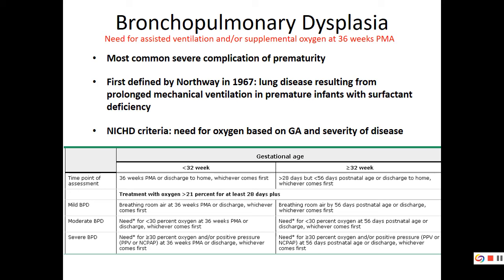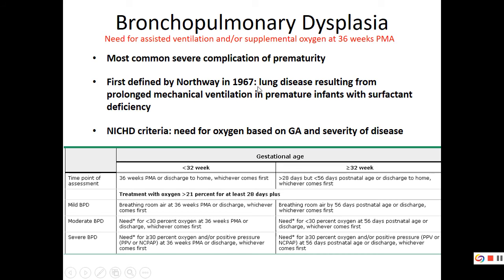And the definition gets a little confusing the younger you are, because this disease was first defined in 1967, before surfactant, before antenatal steroids, before even neonatal ventilation was a thing, certainly before oscillators. And the disease has changed as medical breakthroughs have changed it. Things like antenatal steroids and surfactant have changed what the disease looks like now.